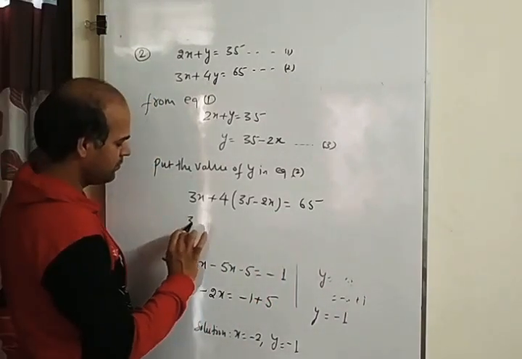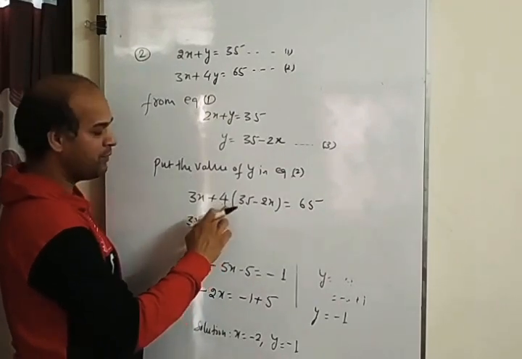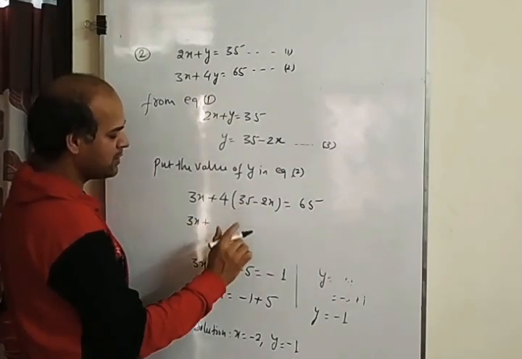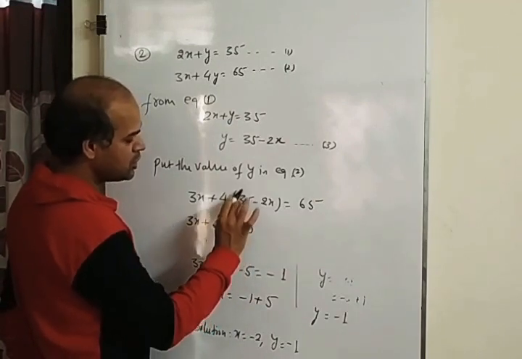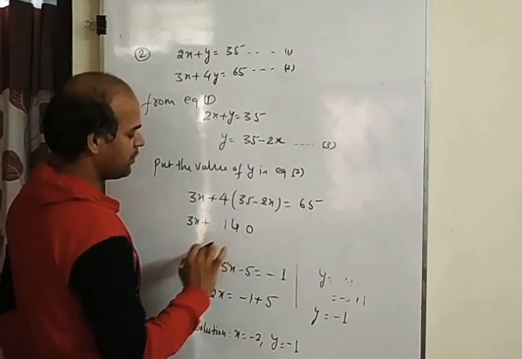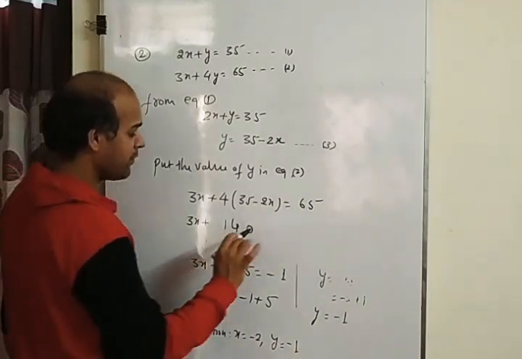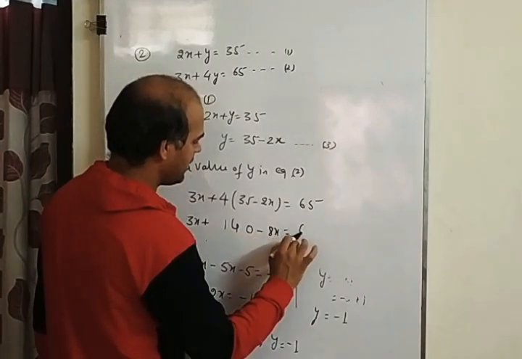4 multiplied by 35 and 4 multiplied by 2x. So 4 multiplied by 35, what will come? 4 times 5 is 20, 2 carry, and 4 times 3 is 12, and 2 is 14, so 140. In a similar way, 4 times 2x is 8x, and 65.